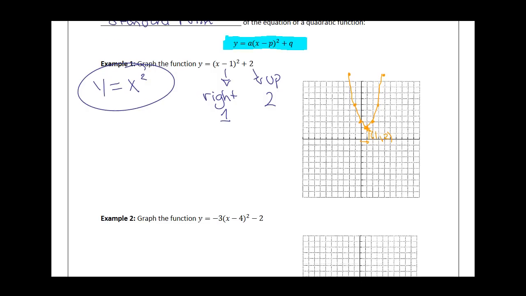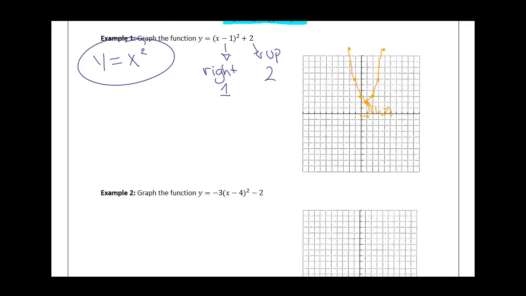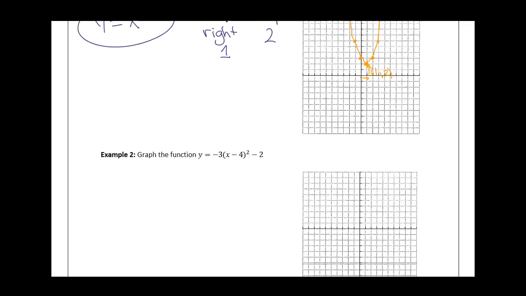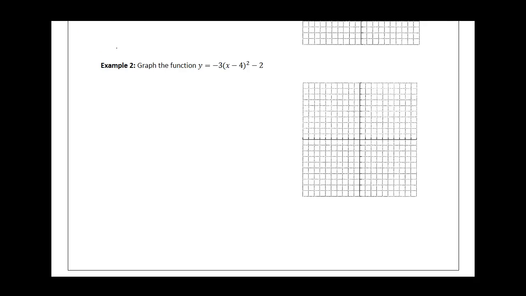Let's try another one. This one looks a little harder. Now we have the function y equals -3 times (x minus 4) all squared minus 2. So let's pick it apart again. This part means we're going down 2 units. This part means we're moving right 4 units.